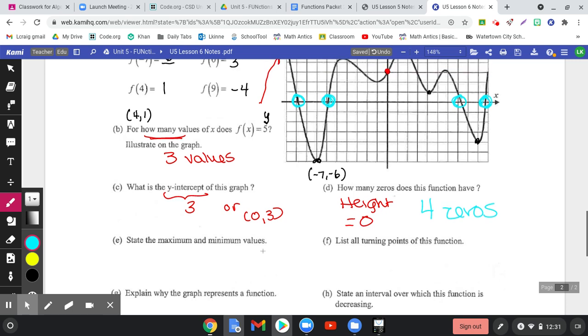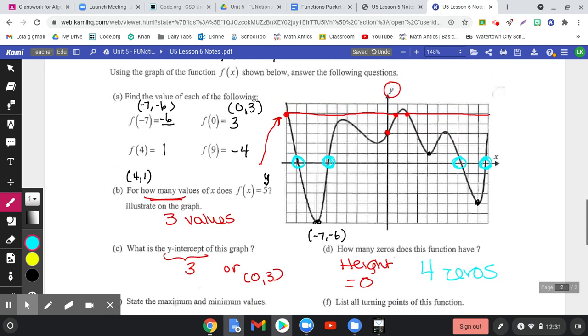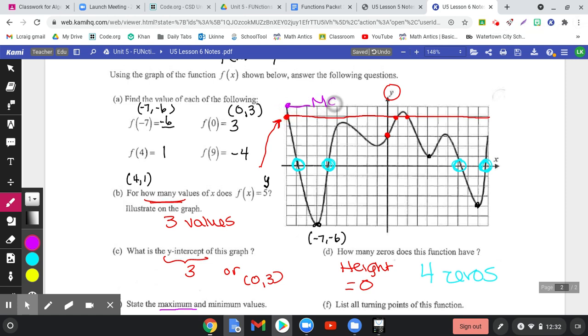State the max and the min. Okay, remember the max is the very, very top, so let's find that one first. Way up here. There's your max, way up there. And that has a height of 1, 2, 3, 4, 5, 6.